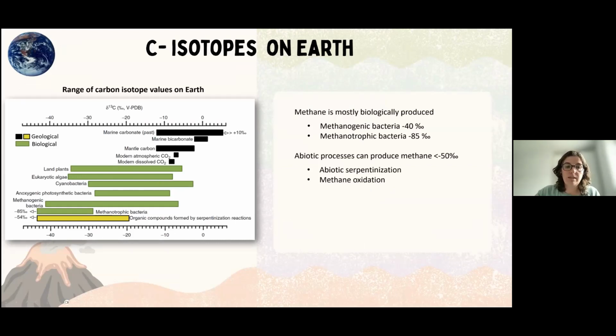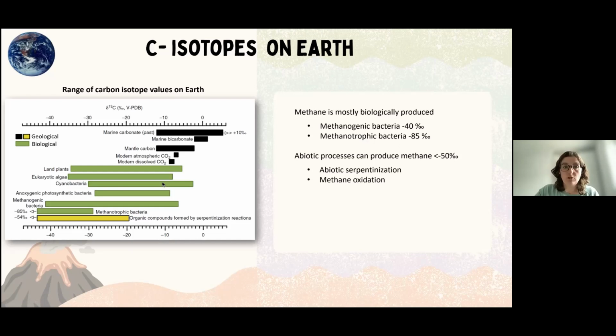The first one is that the geological delta carbon 13 range is usually between -10 and +10, which is consistent with the biotic process, as previously seen in the excursions that I've mentioned before, the Lomagundi and the Shuram excursion.